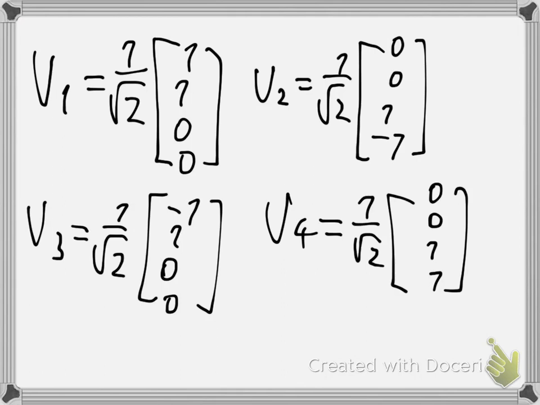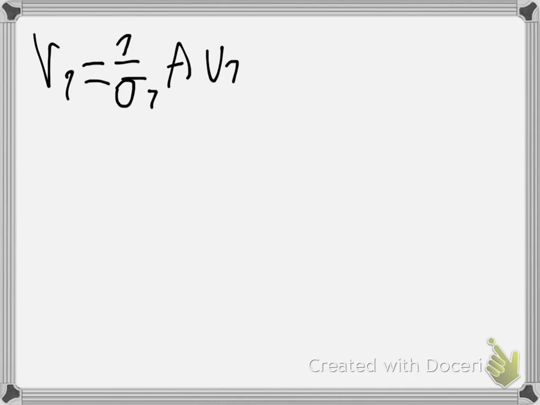And so we can now find the vectors of V using the fact that V1 will be equal to 1 over sigma 1 times the matrix A times U1. And so we will get 1/3 times (negative 1, 2, 2).